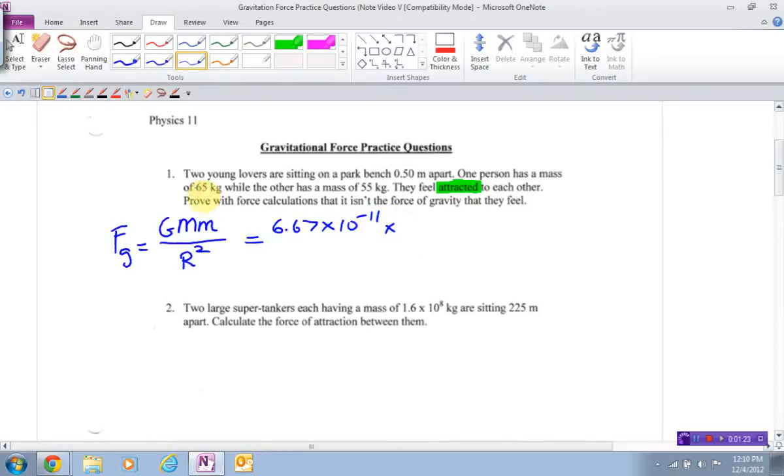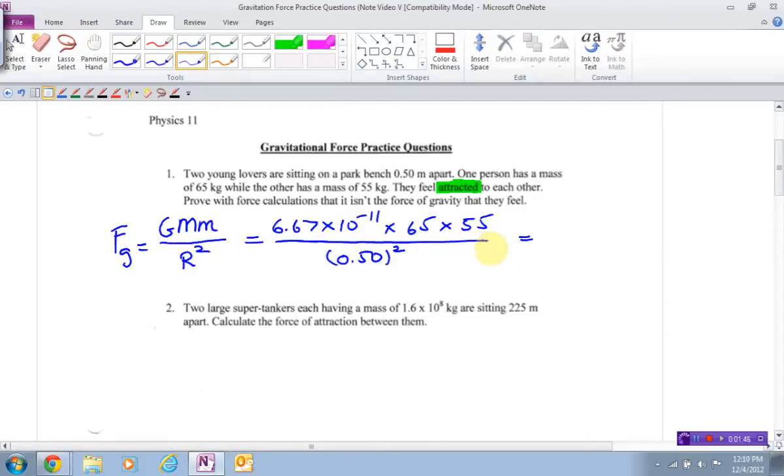The mass of one object is 65 kilograms. The mass of the other object is 55 kilograms. And we're going to divide this by the distance between them, which is going to be 0.50 squared. So you got to put this in your calculator correctly. Make sure you use the right button to get this in properly and work it out.